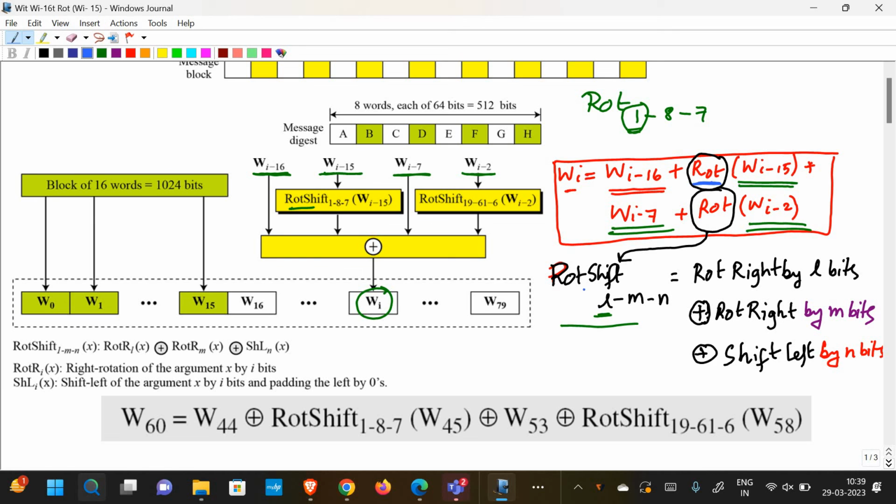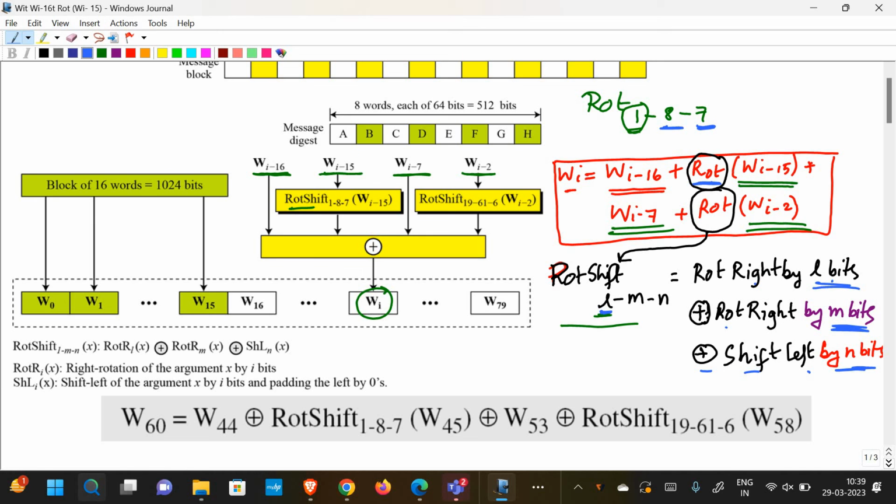So the rot function is given as this rot shift L-M-N, where L indicates rot right shift by L bits, XOR rot right by M bits, XOR shift left by N bits.